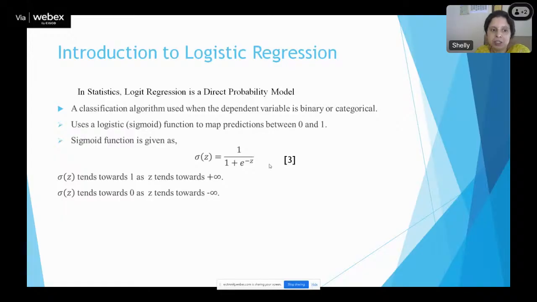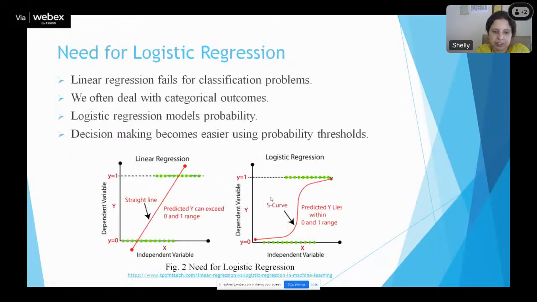Although it helps us solve a classification problem and gives similar results, the reason it is referred to under the regression category is that it uses the mathematics of linear regression, and then gives us this particular equation for logistic regression.